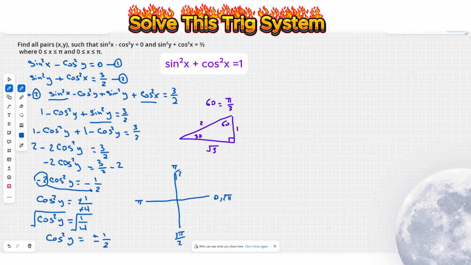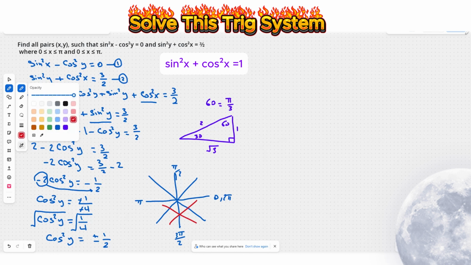Now the cos is positive or negative. That means in every quadrant. But the only problem is that we cannot do third and the fourth quadrant because my domain is between 0 to pi and not all the way to 2 pi.